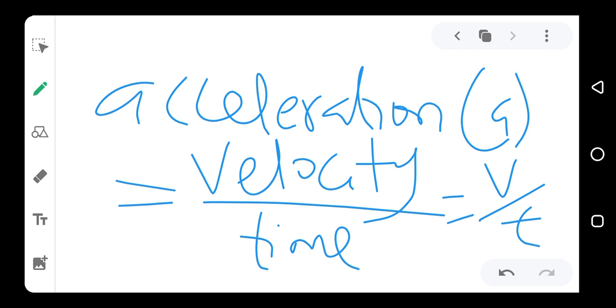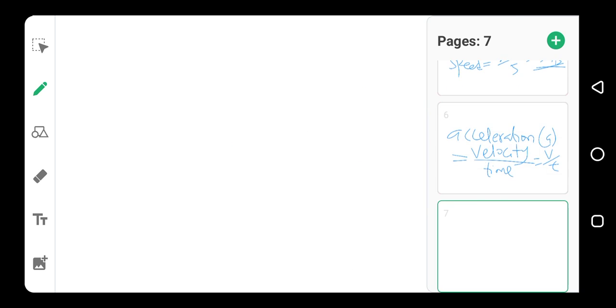This is acceleration. Now let's look at an example of how acceleration is used.